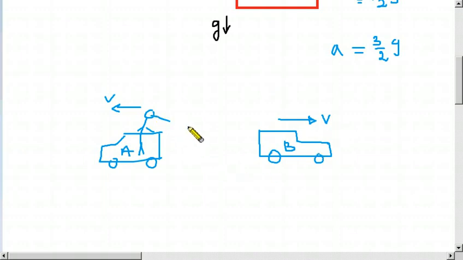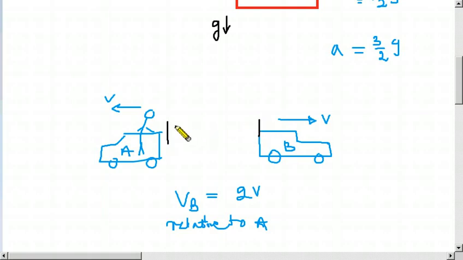So how does the observer measure the velocity of B? The velocity of B relative to A is 2 times v, because the distance is increasing by this one and also by this one, both are helping to increase the distance.